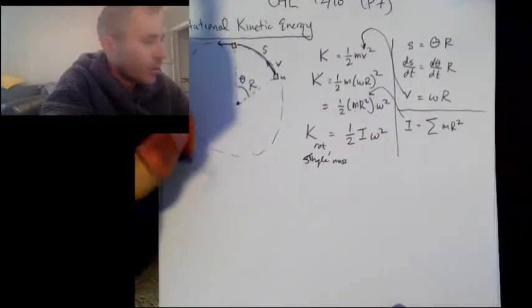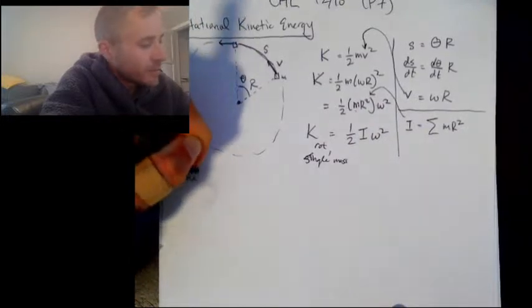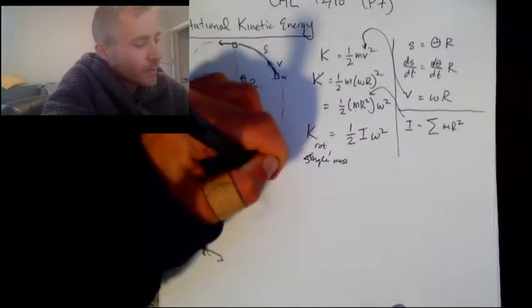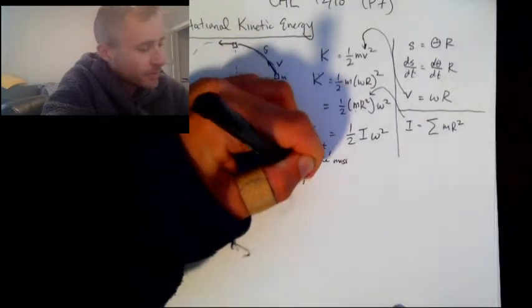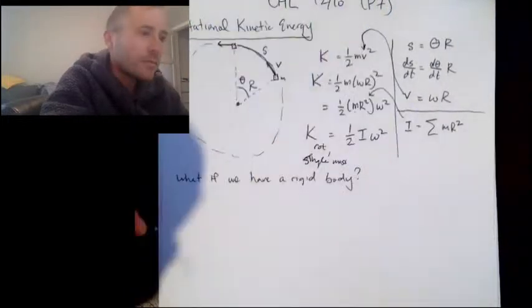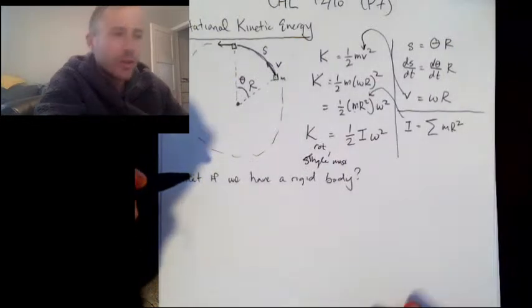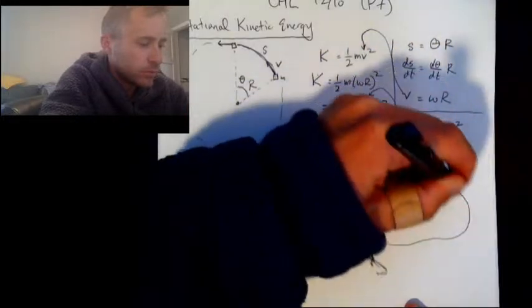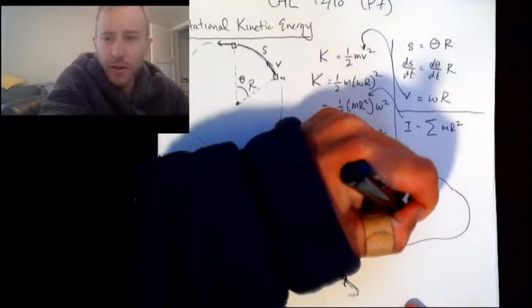But what if we have a rigid body? Okay, so you have a rigid body. Here's the rigid body. It's got a pivot point there.